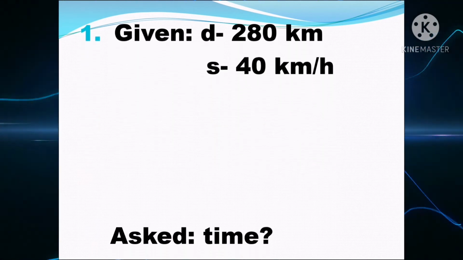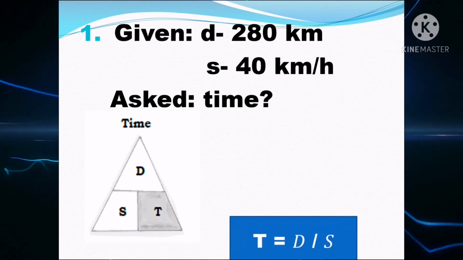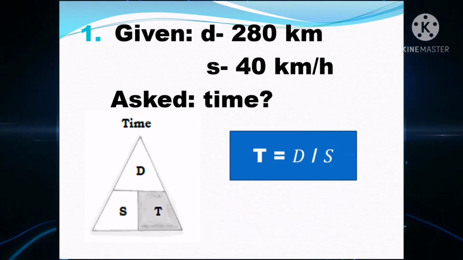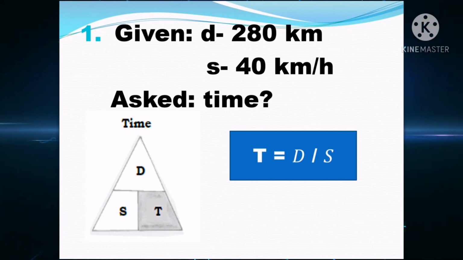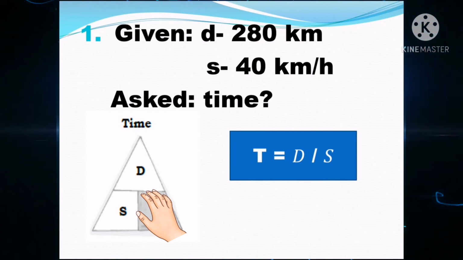Now, let us check your answer. So for number 1, our given are 280 kilometers, which is the distance, and 40 kilometers per hour, which is the speed. So our formula must be T equals D over S because we are required to find the time.